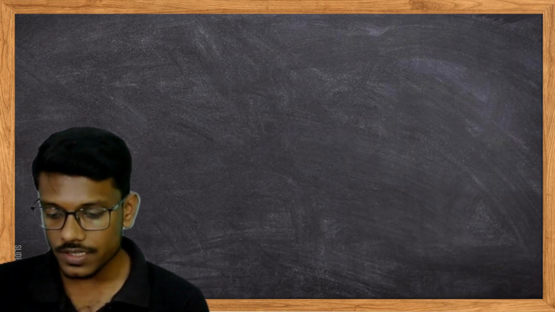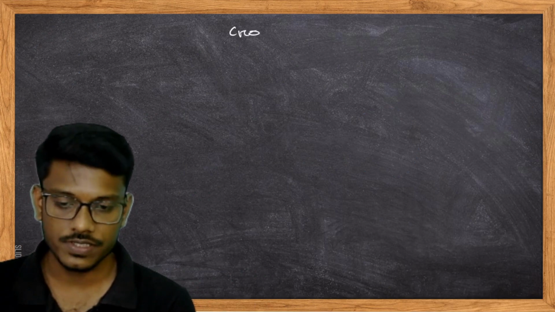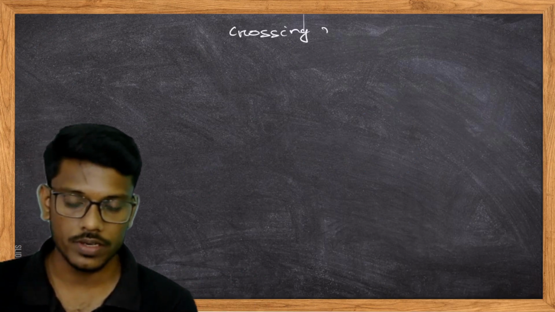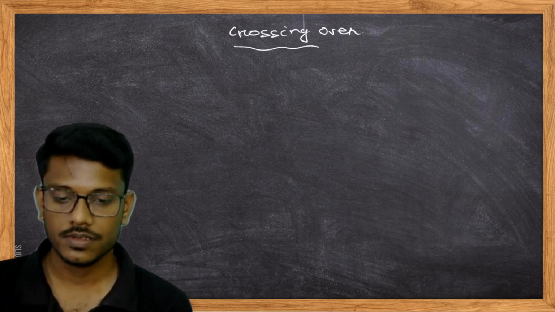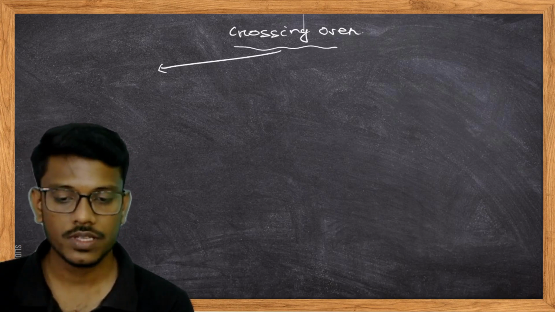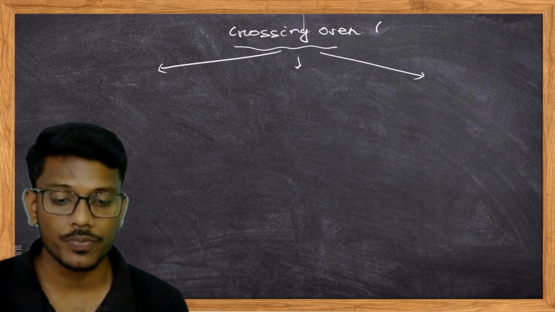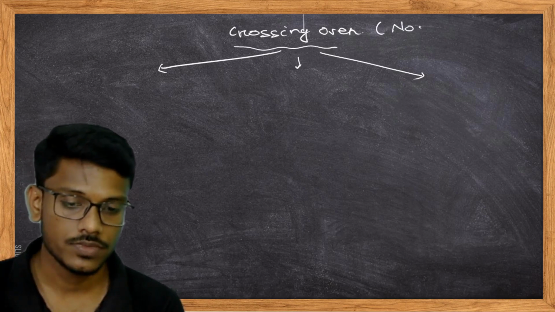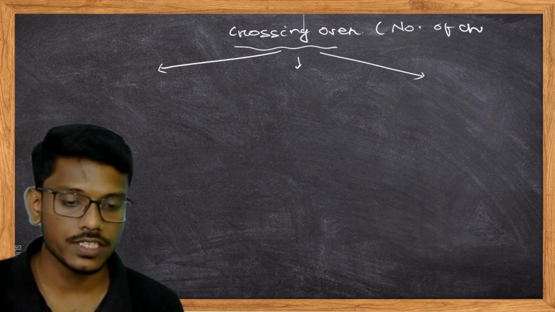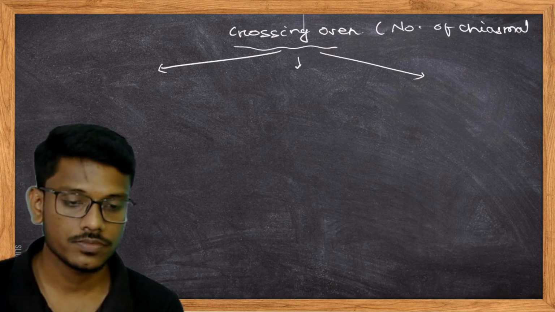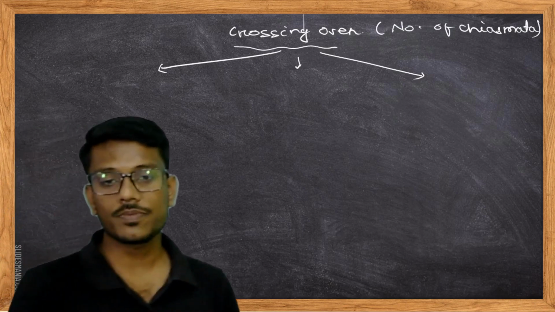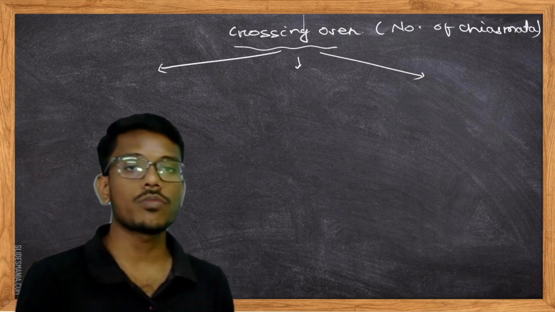Crossing over is divided into three types. On the basis of what? On the basis of the number of chiasmata formed. How many chiasmata are formed during crossing over?